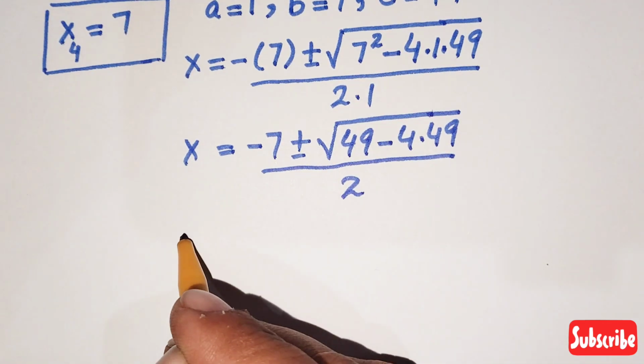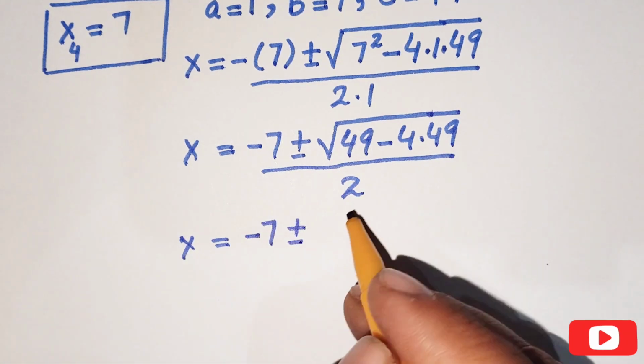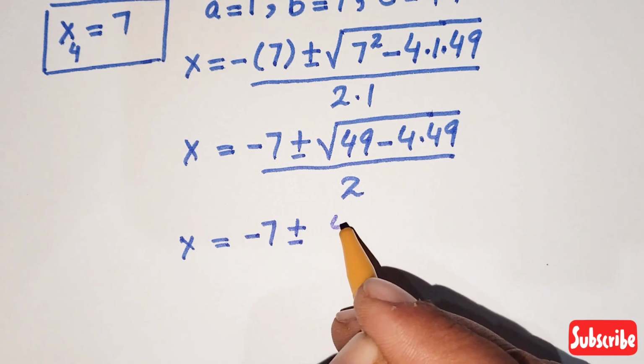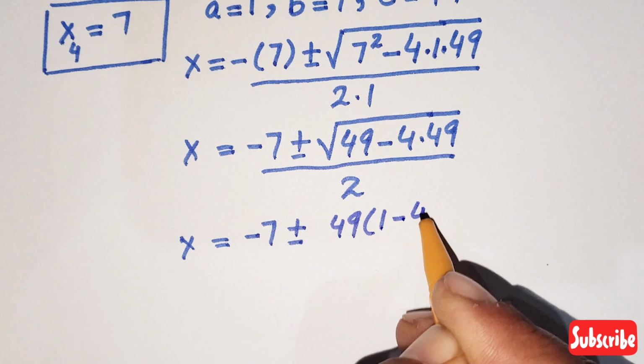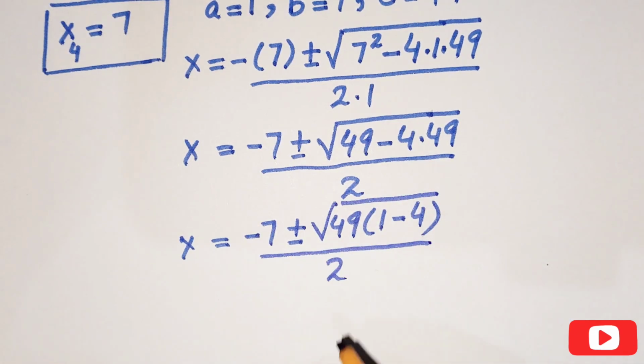So now x is equal to minus 7 plus minus, taking 49 common and then taking the square root, we get 49 times 1 minus 4, square root, all over 2.